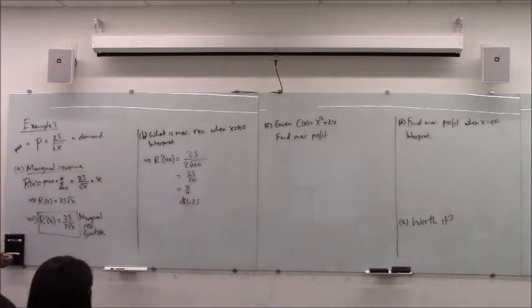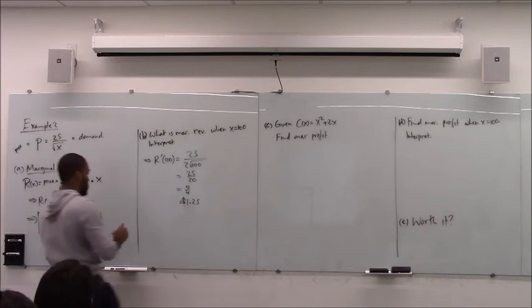How do you interpret that number? The marginal revenue at 100 is $1.25. What does that mean?